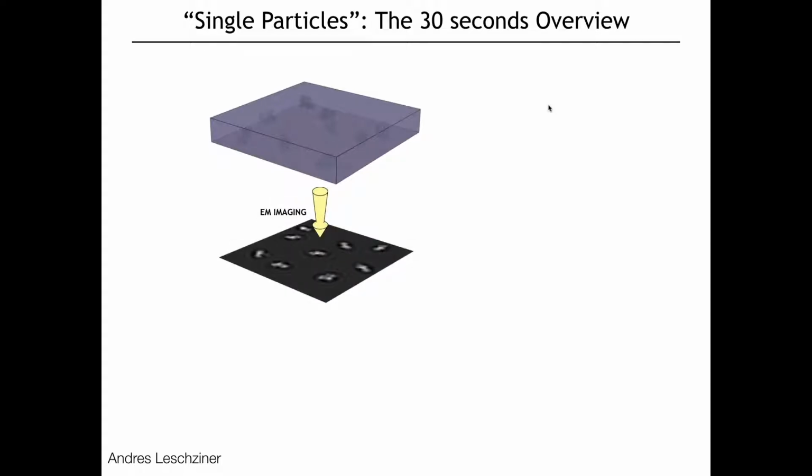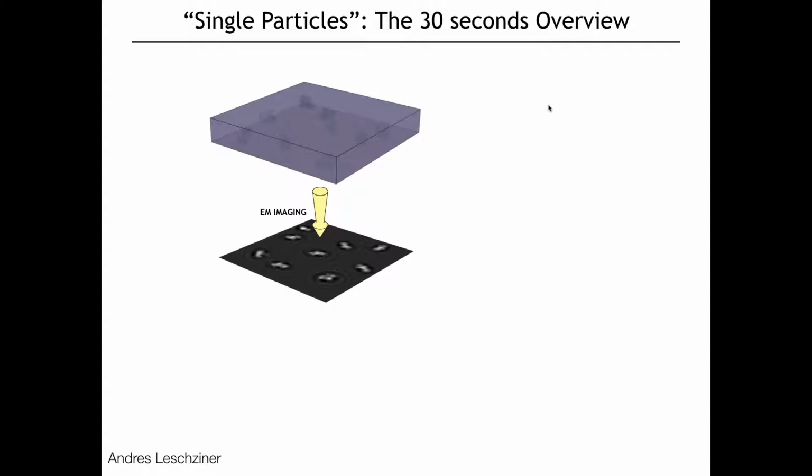Then we acquire images of these molecules, and these images are projection images. Now, if you look closely, you will see that there's some ringing around these particles, and this ringing is caused by artifacts that are inherent to electron optics.